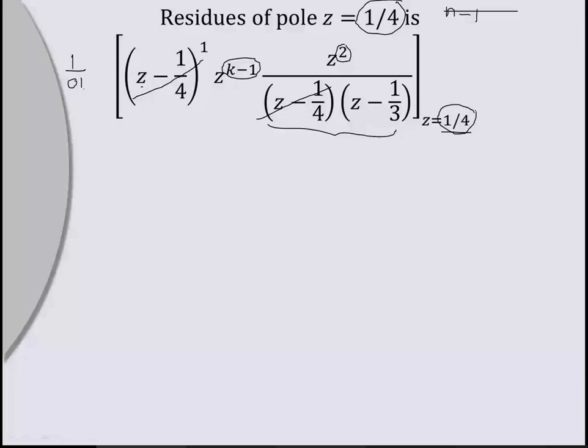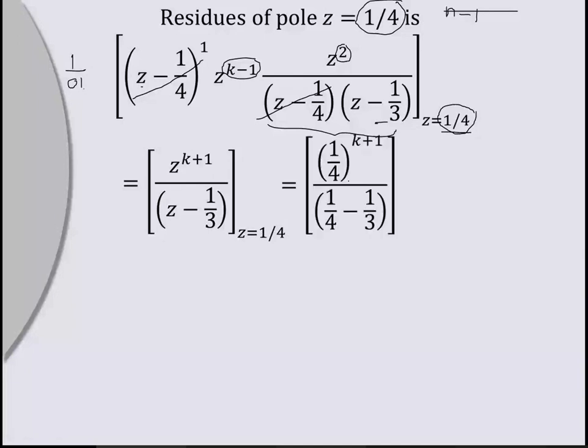Just do the substitution. So it is z raised to k plus 1 upon z minus 1 by 3 at z equal to 1 by 4. Put this value, so it is 1 by 4 raised to k plus 1 upon 1 by 4 minus 1 by 3. Do the cross multiplication: 3 minus 4 upon 12. 3 minus 4 is minus 1, so minus 1 by 12.